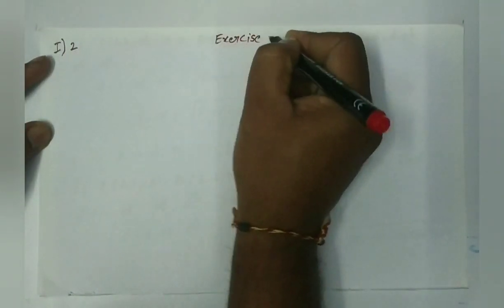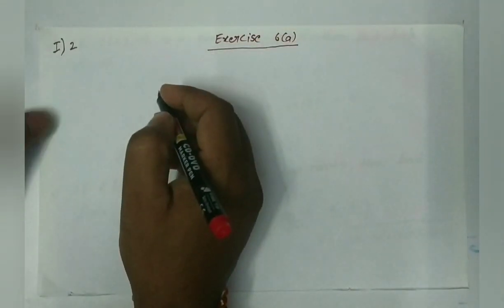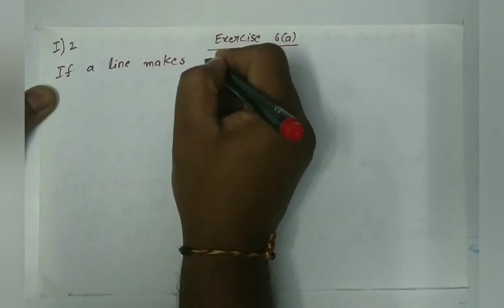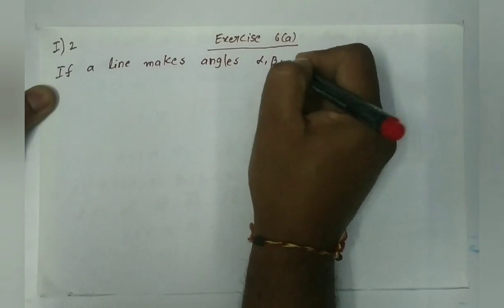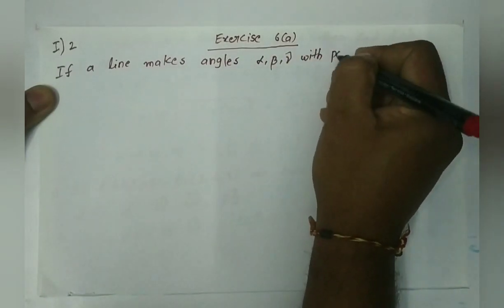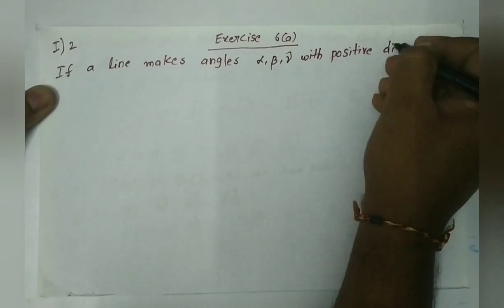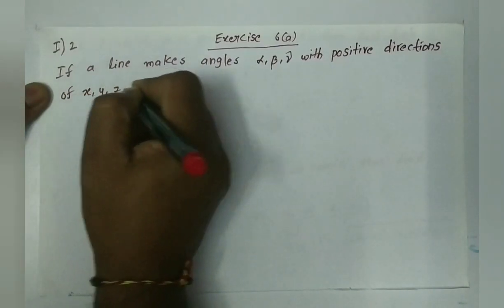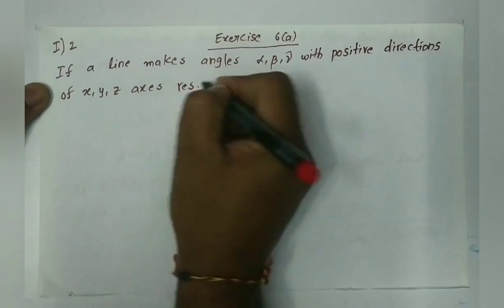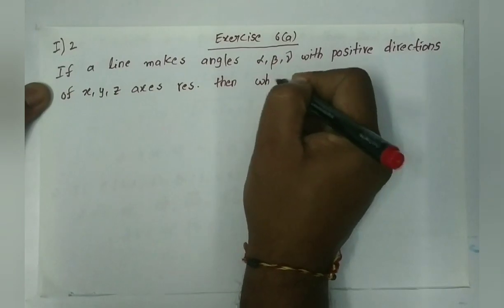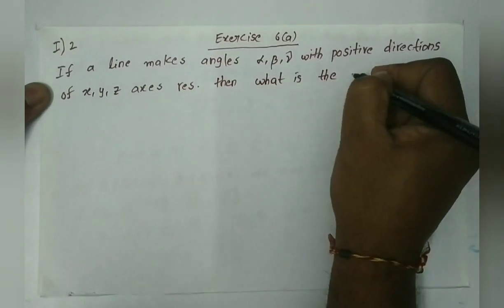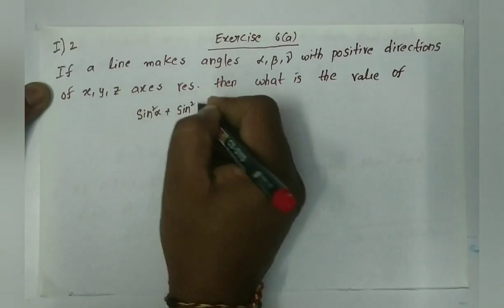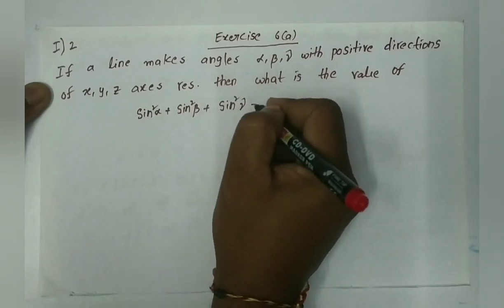If a line makes angles alpha, beta, gamma with the positive directions of the x, y, z axes respectively, then what is the value of sin square alpha plus sin square beta plus sin square gamma?